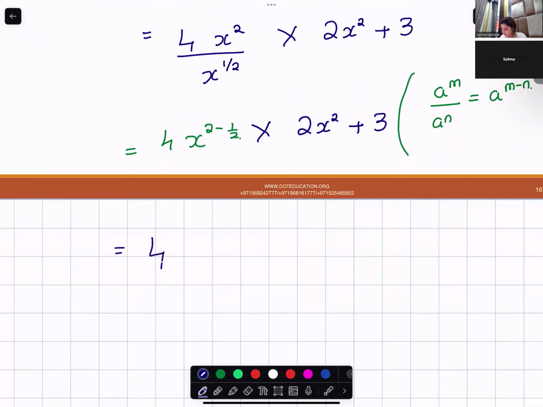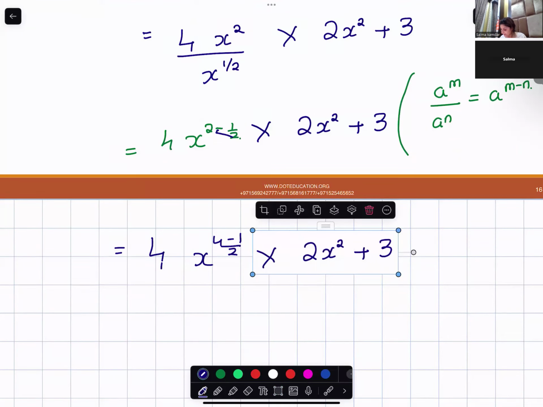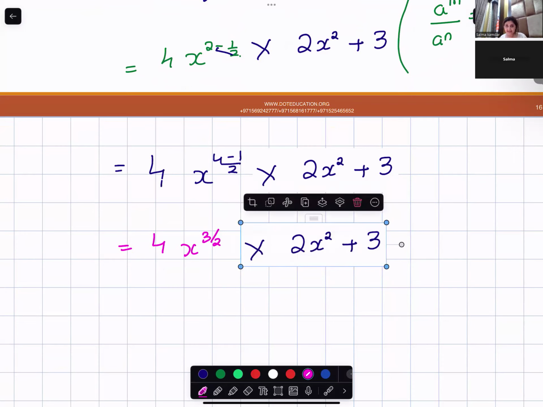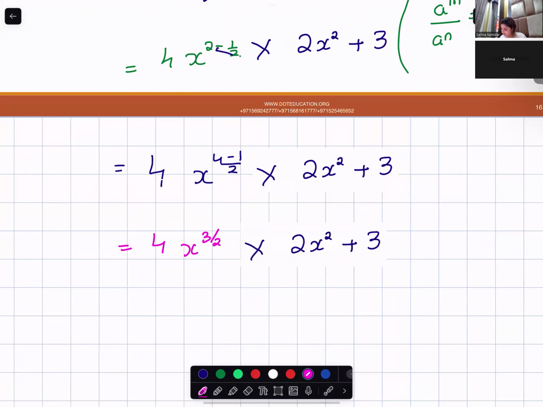This becomes 4x, 2 into 2 is 4, minus 1 by 2, multiplied by the same thing we carry forward. So this becomes 4x raised to 3 by 2 multiplied by the bracket that we have, that is 2x plus 3. This was there in the bracket form.